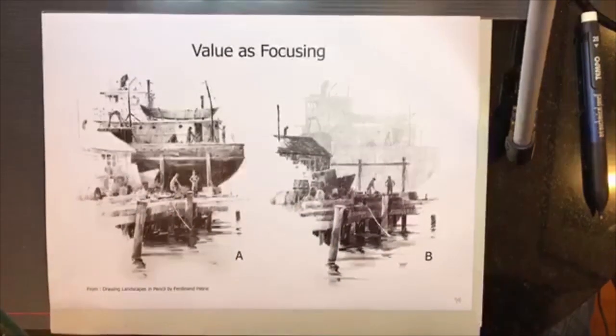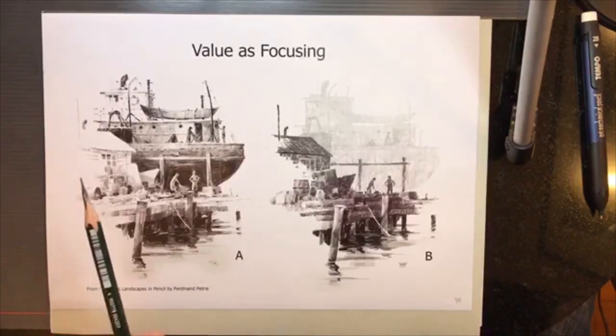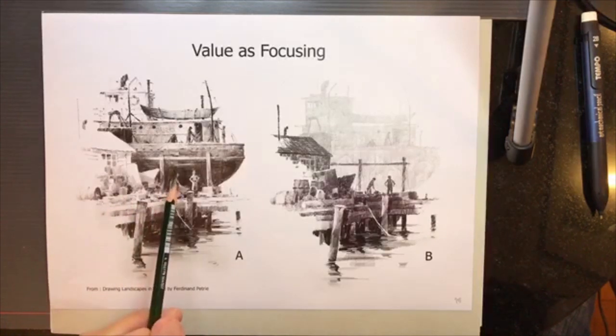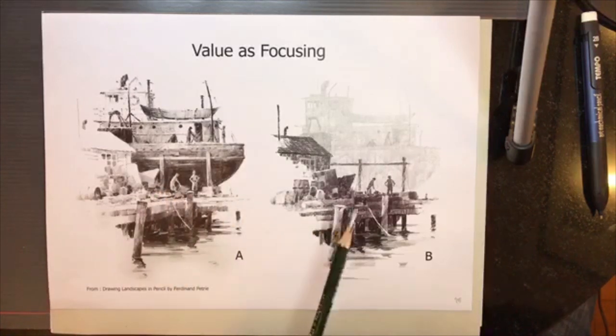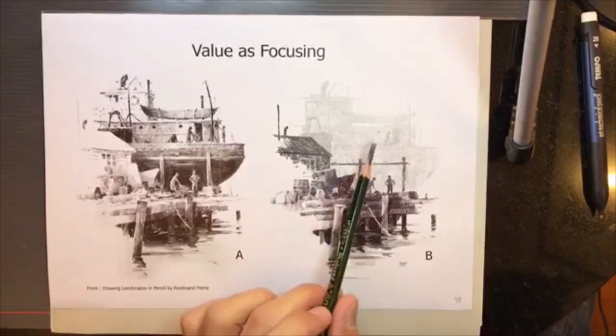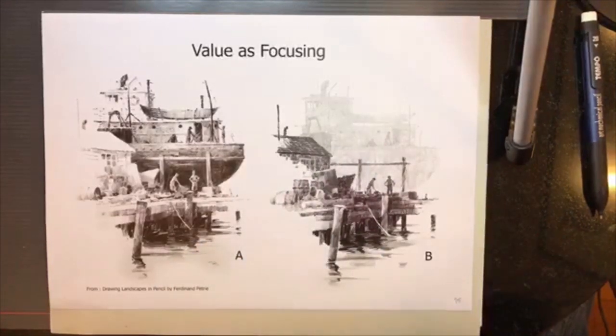If we sketch different value, will change the focusing of the picture. This sketch, the focus is the ship, right? But this picture, the focus is the bridge and the house, right? The ship is far away, right? This is the benefit of the different tone can make the focusing different too.